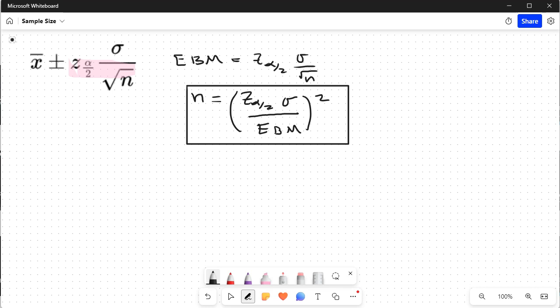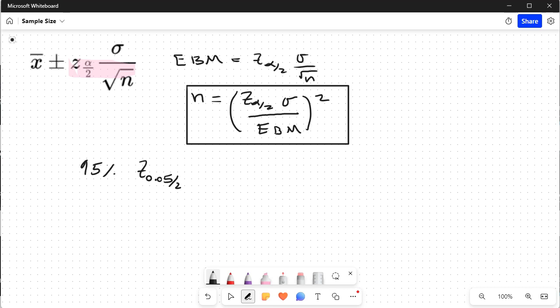From here, let's say that we knew a margin of error and a standard deviation, but we would have to give a confidence level. If we talk about a 95% confidence, that would be the same as taking 0.05 and dividing that by 2.